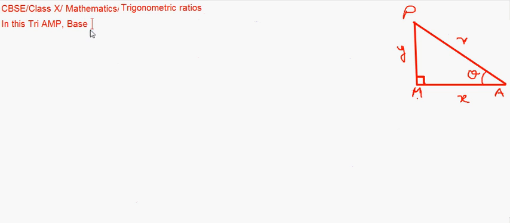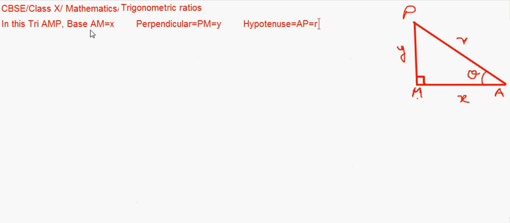Base becomes AM, which has been given as X. Then the perpendicular is given as PM, which is denoted by Y, and there is the hypotenuse, that's given by AP, which is denoted by R.